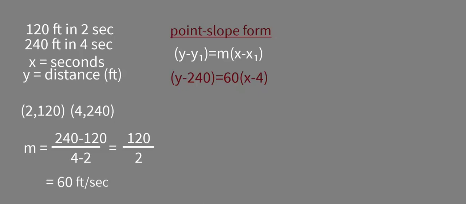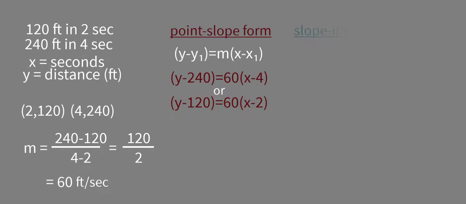And then if we use the other point, 120, we get y minus 120 equals 60, same slope, times x minus 2. So either one of these is a valid equation in point-slope form for the scenario.